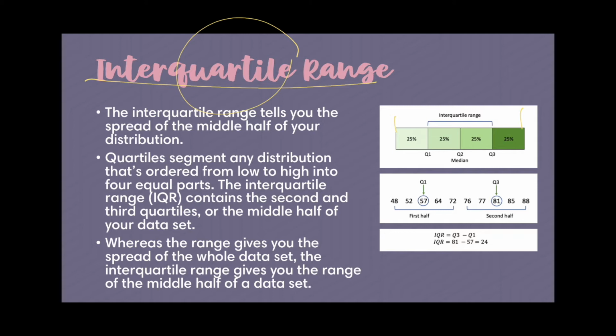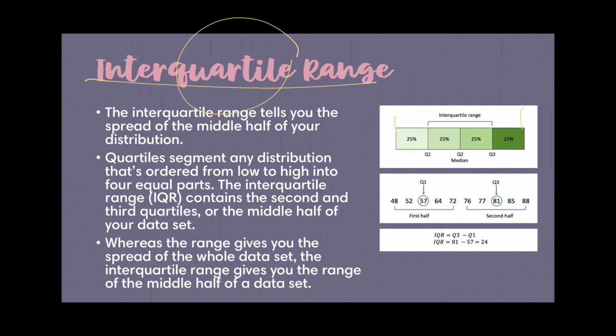But we don't usually look at Q4 because maximum and Q4 are the same, and Q2 and median are also the same. So the range between Q1, the first 25% of your data set, and the 75%, that's called the interquartile range. A quartile segments any distribution ordered from low to high into 4 equal parts, as I explained.